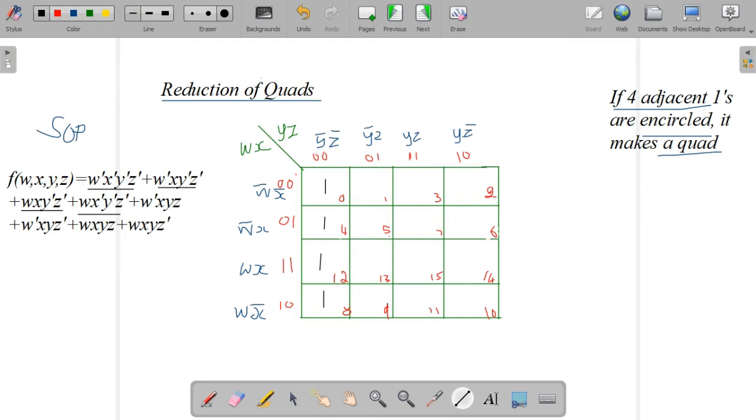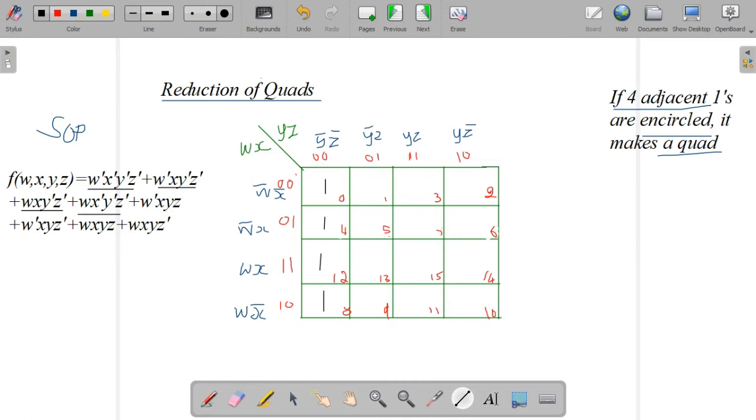So this third one, W X Y' Z', is this one; we fill the same. Next, W X' Y' Z', so we got this. Four ones are there? Yes, four ones are there, so we can make it a quad.